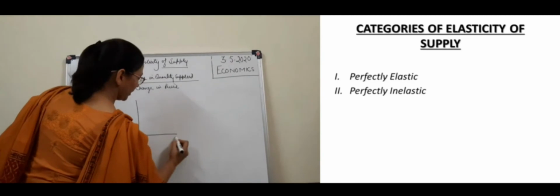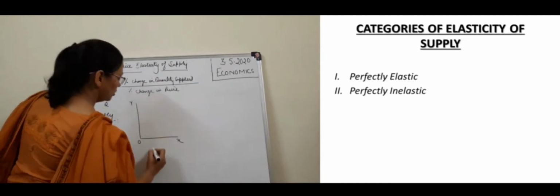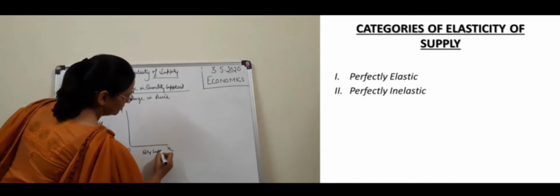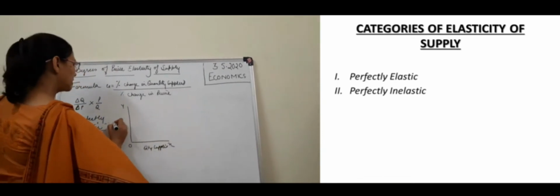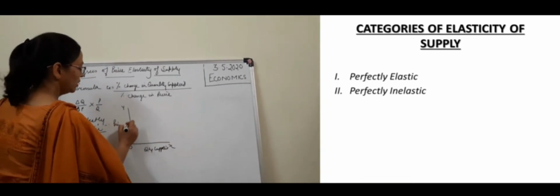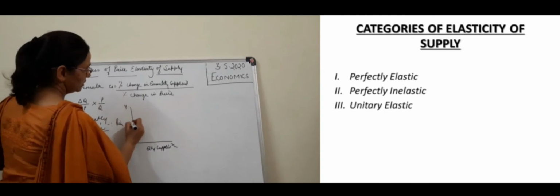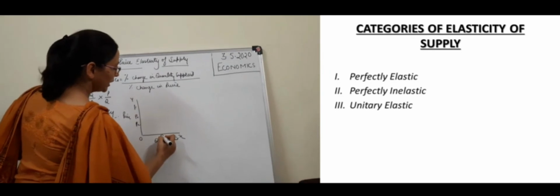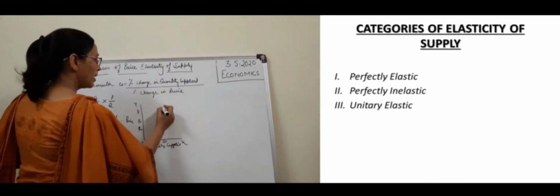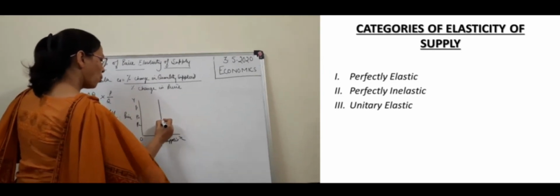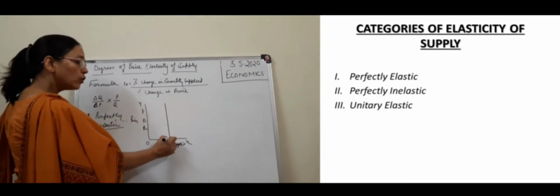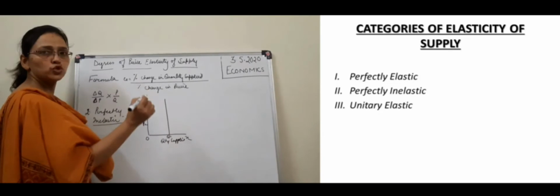Then the second degree is perfectly inelastic supply. Again, OX axis shows the quantity supplied by the firm and OY axis shows the price of the commodity. Here, the supply curve will be parallel to the OY axis, showing that the supply will not change in response to a change in price.